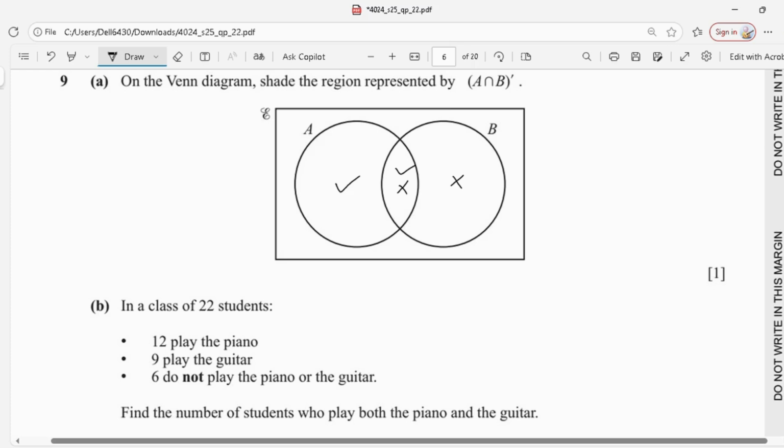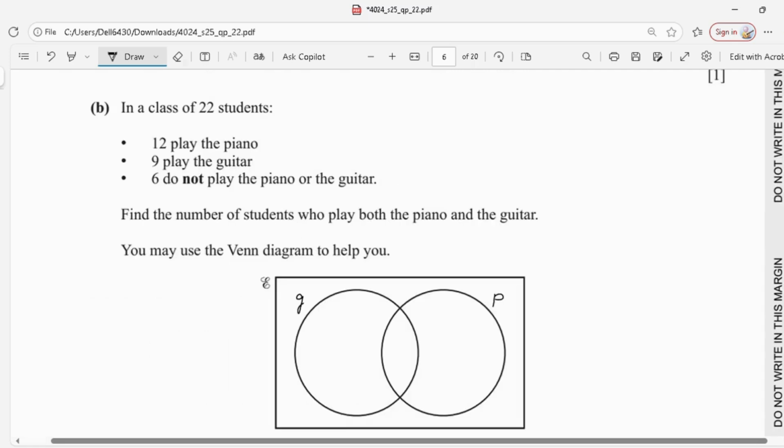That is, except this A intersection B, all the rest of the part is A intersection B complement. Okay, that is this.